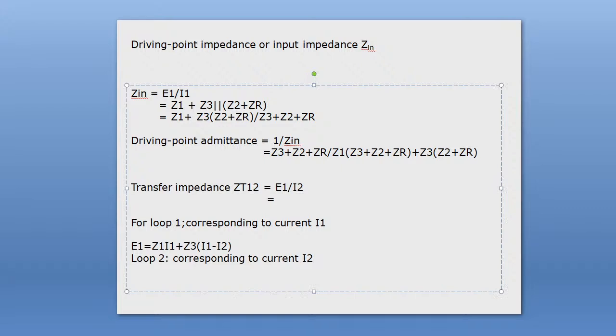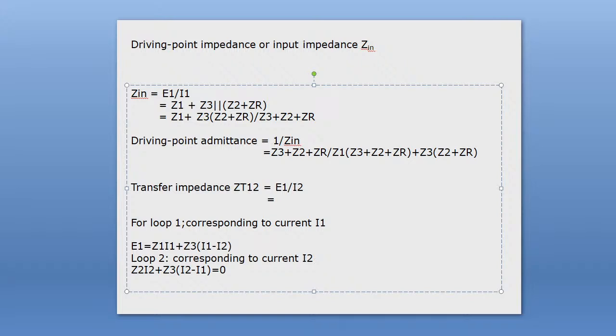We can write Z2 I2 plus Z3 (I2 minus I1) equal to 0, because for loop 2 there is no supply voltage.